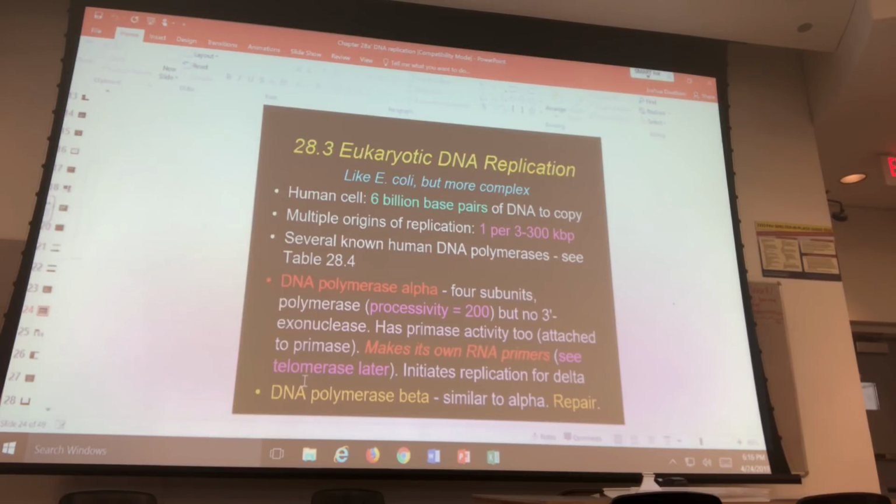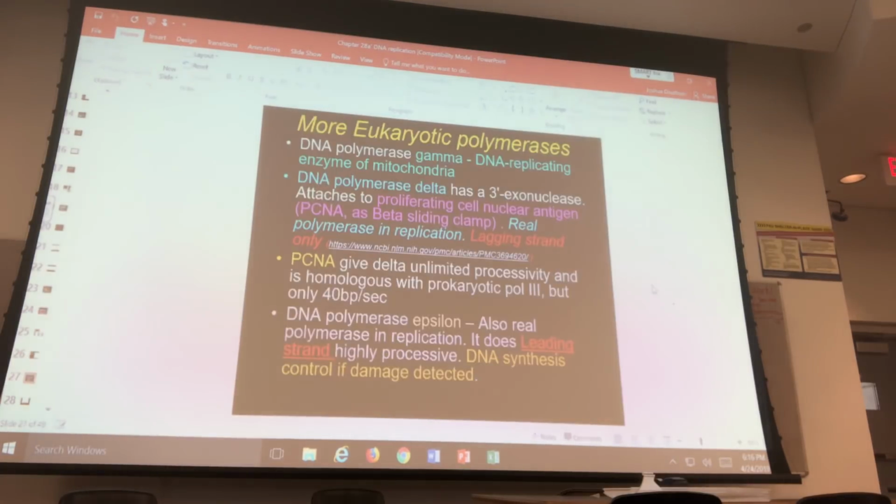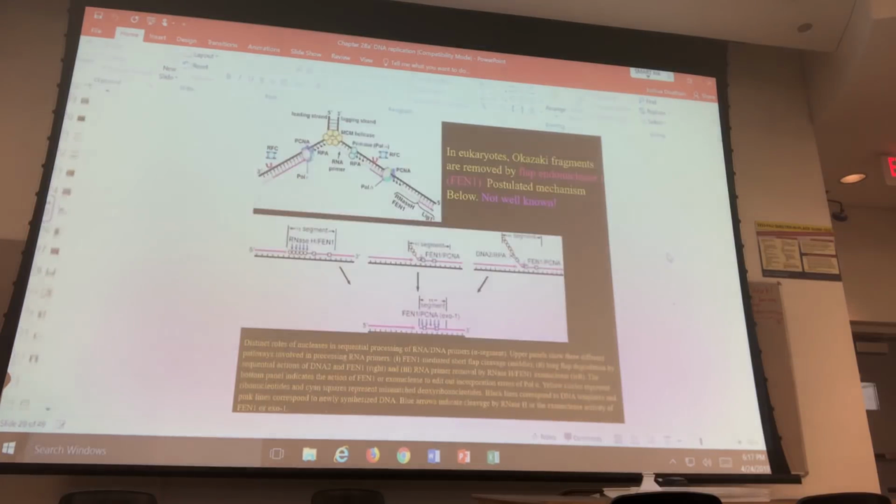DNA polymerase beta is similar to alpha, but it's special for repairing DNA. DNA polymerase gamma is responsible for replicating DNA in mitochondria. DNA polymerase delta and epsilon generate most of the DNA in eukaryotes. Delta replicates DNA on the lagging strand, and epsilon replicates DNA on the leading strand. So, features that have been brought to your attention before.